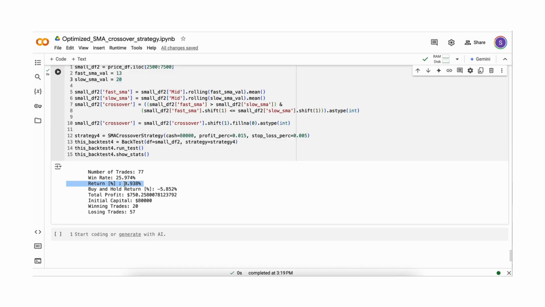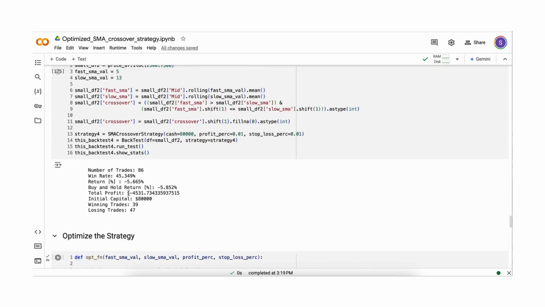Our optimized SMA crossover, which was optimized on a very different data set, so it's not overfitting, is giving us a positive return about 6% above the return of the buy and hold, and also about 6% above the return of our non-optimized strategy, which followed the Investopedia recommendations.